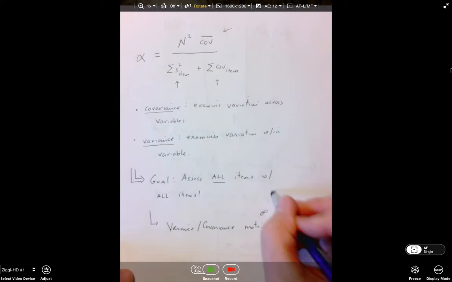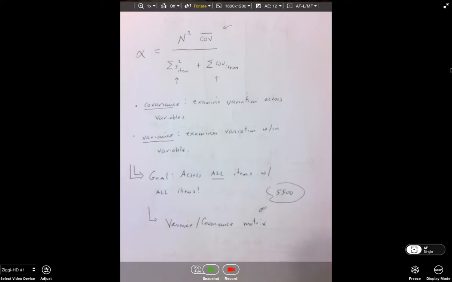Those of you that have been with me all along, if you think back to Math 5500, the variance covariance matrix played a very important role in finding standard errors for our beta coefficients. It's a good way to think about it here too.